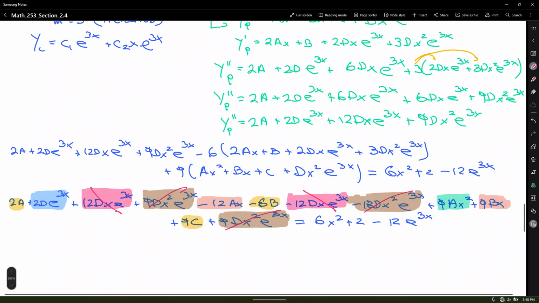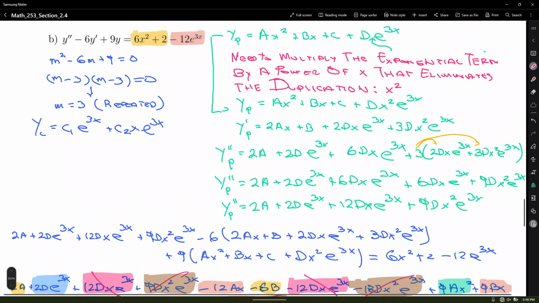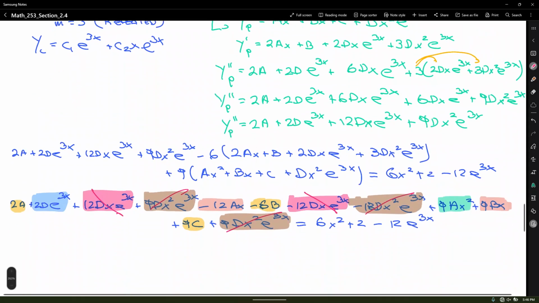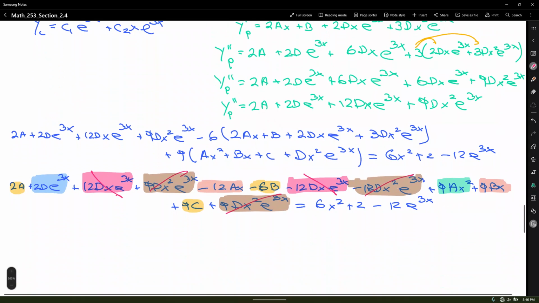So let's get this in order somehow. Remember the form of y sub p: quadratic, linear, constant, quadratic times exponential. I'm going to write the terms that survive the cancellation in that exact same order. Why? Because we're going to use that format to equate the coefficients.